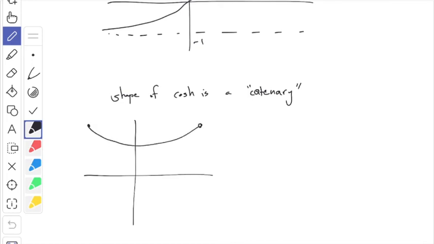And a catenary is the shape that a hanging rope will naturally settle in. This kind of U shape. It looks kind of like a parabola, but it's not.